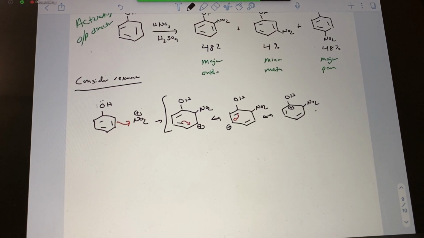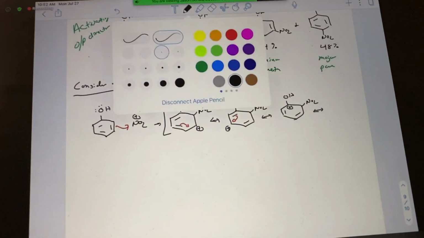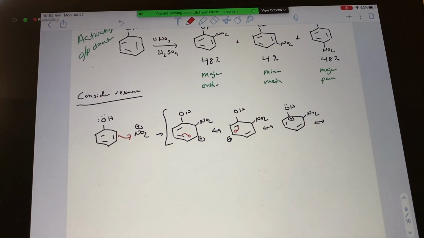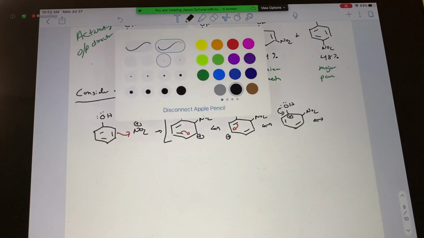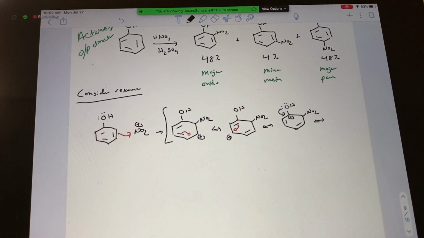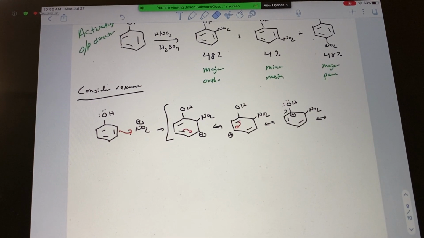And there's actually one more resonance structure that we can draw, where we can use a lone pair of electrons on this oxygen. Well, I think I want to make that a red arrow.